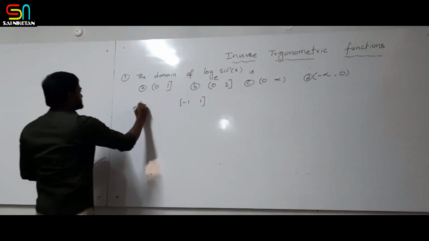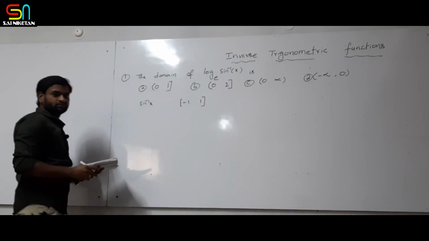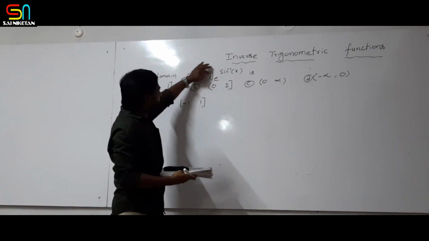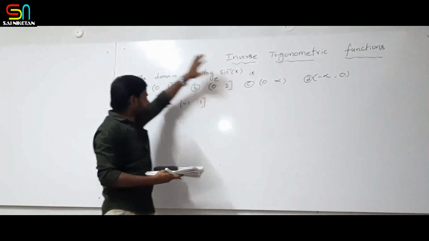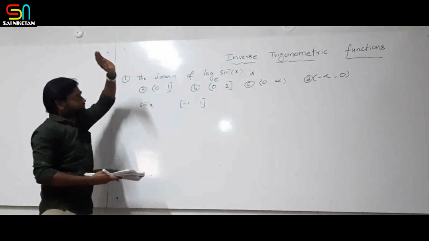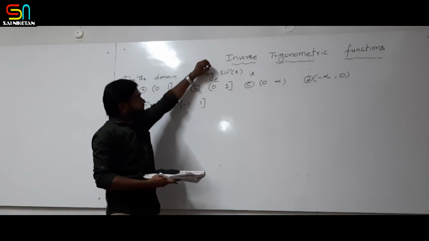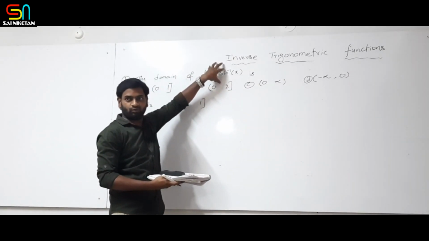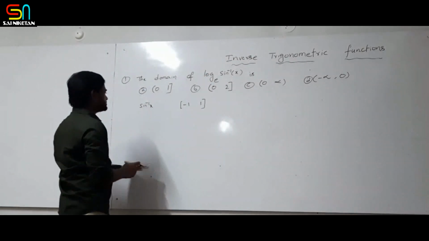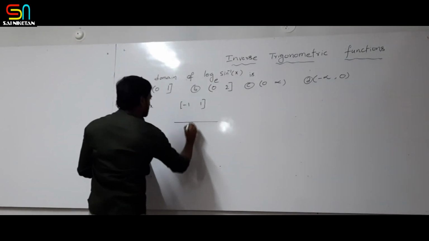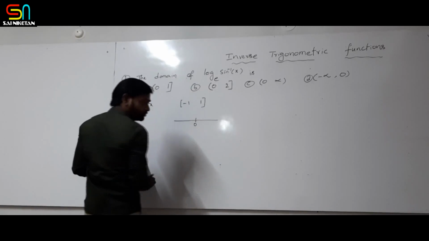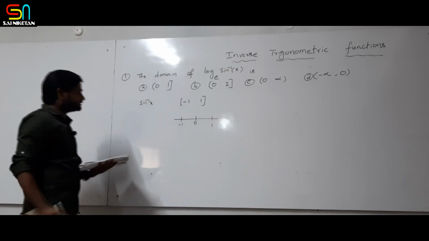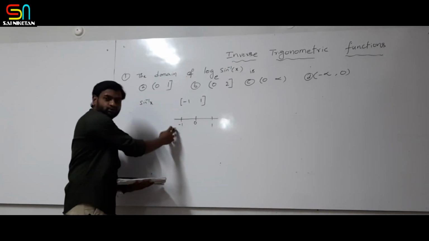But here it is not only sin inverse x, it is the log of sin inverse x. For this, how do we find the domain? In the log, we can't take negative values. Suppose this is a number line, with 0, minus 1, and plus 1. So here we can't take negative values.